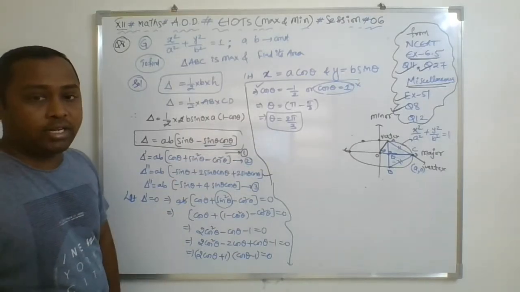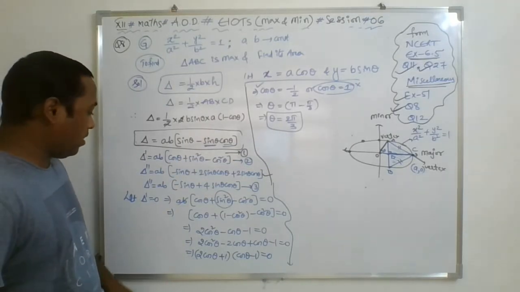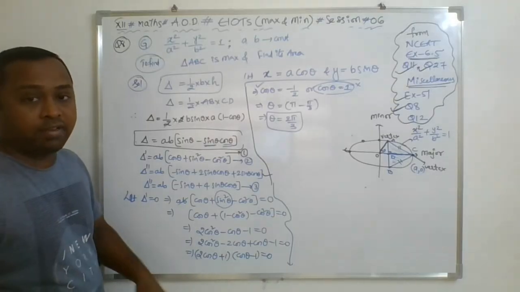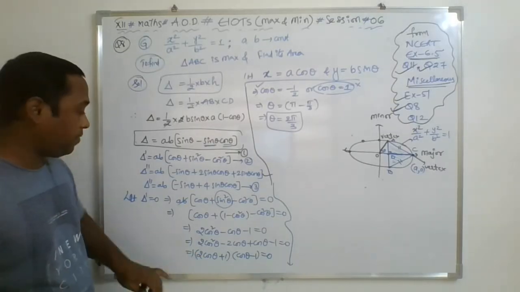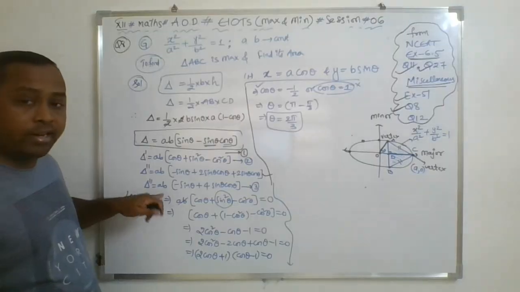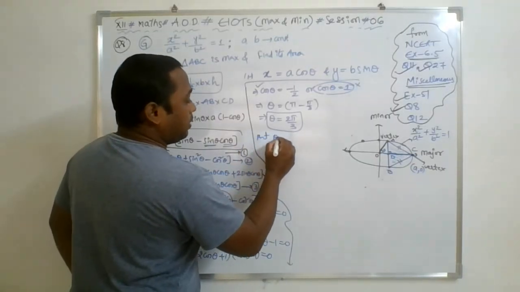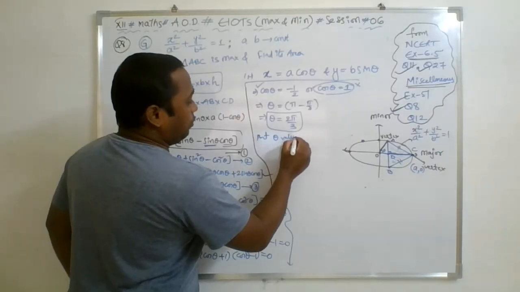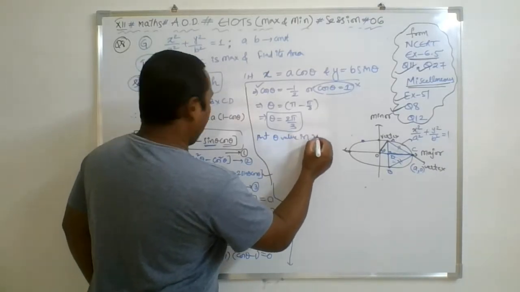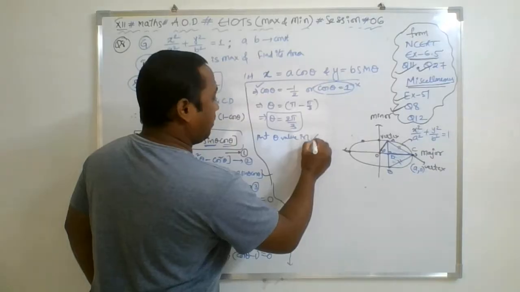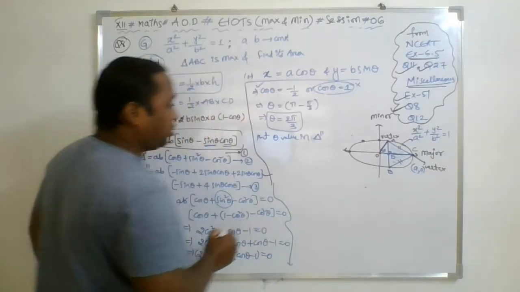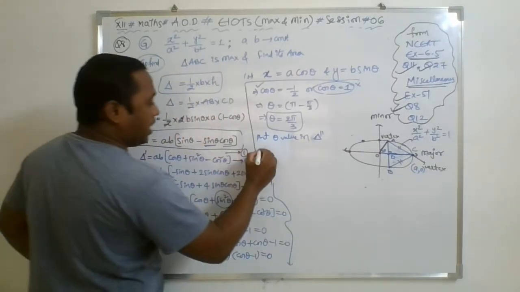At this critical point I am going to check the sign of the second derivative, whether it is negative or positive. So I am taking the double derivative now. So put the theta value in the double derivative. So delta double dash, what is the delta double dash?